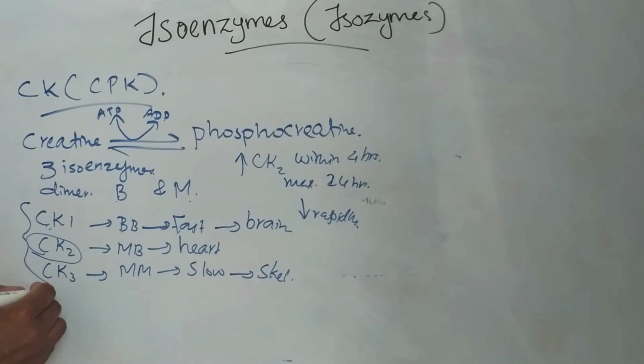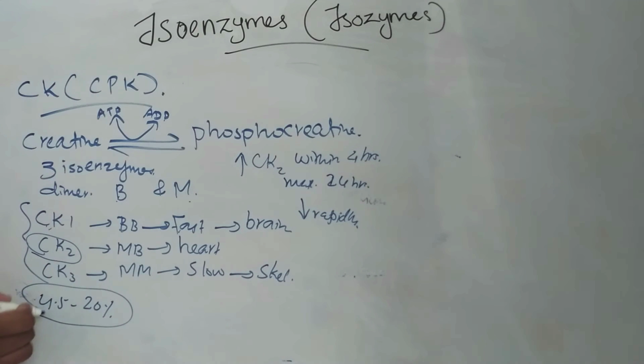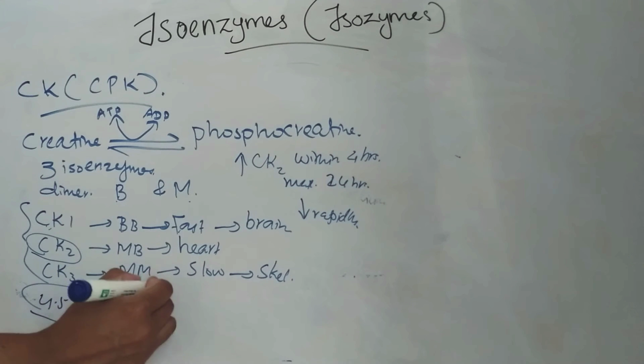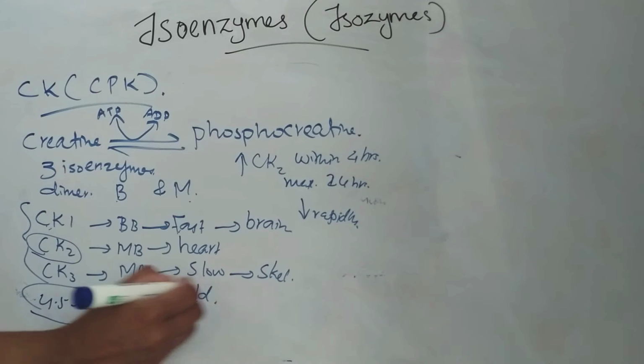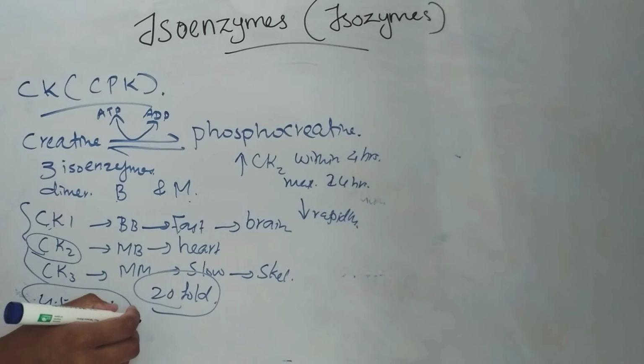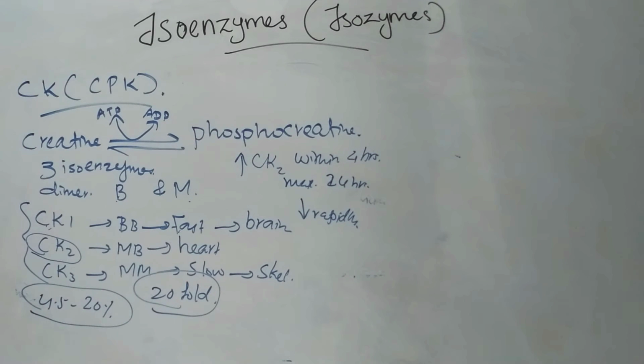This CK2 is about 4.5 to 20% of total CK activity in the plasma of recent myocardial infarction. The total CK level is elevated up to 20-fold above normal in myocardial infarction.